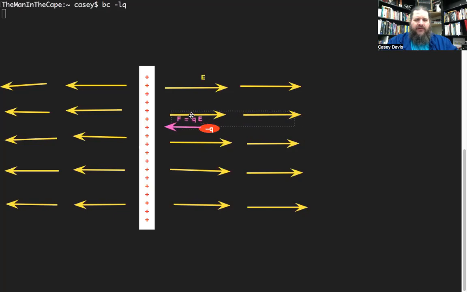Again, because force is charge times electric field, and if we multiply a vector by a negative scalar, that reverses the direction. So the force vector here will be in the exact opposite direction of the electric field vector. And this matches what we should expect more conceptually, that a negative test charge gets attracted towards the positive source plate. But that can be explained completely using the idea of electric fields as well.